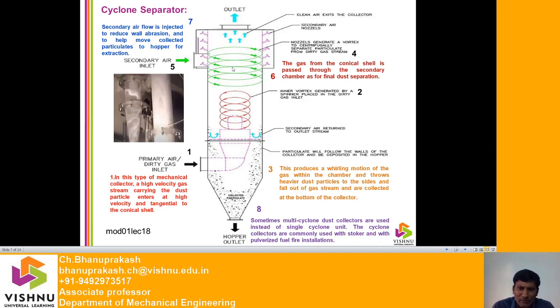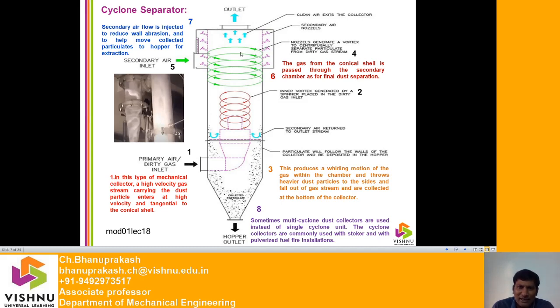Now the gas from the conical shell is passed to the secondary chamber. This is the primary chamber, this is the secondary chamber. In the primary chamber we remove heavier dust particles. In the secondary chamber we can remove some fine dust particles.